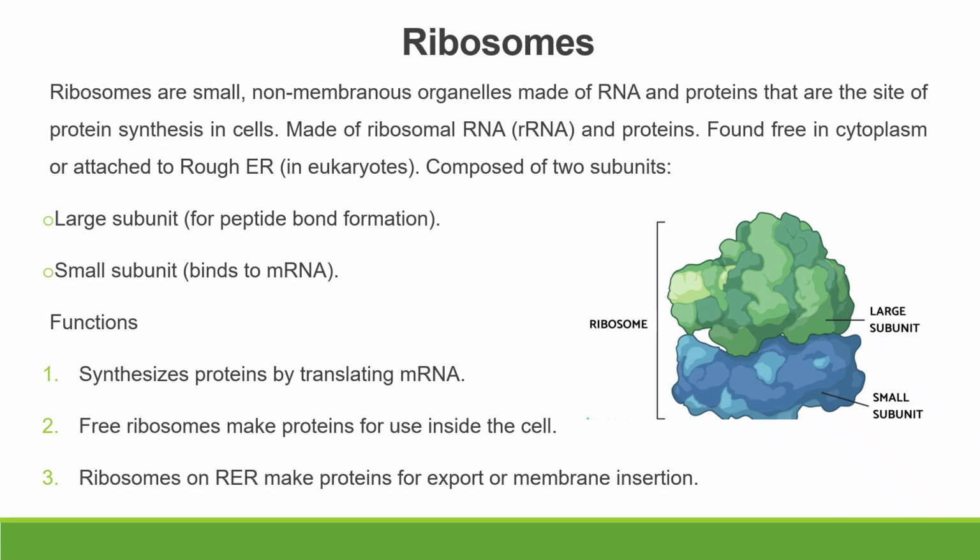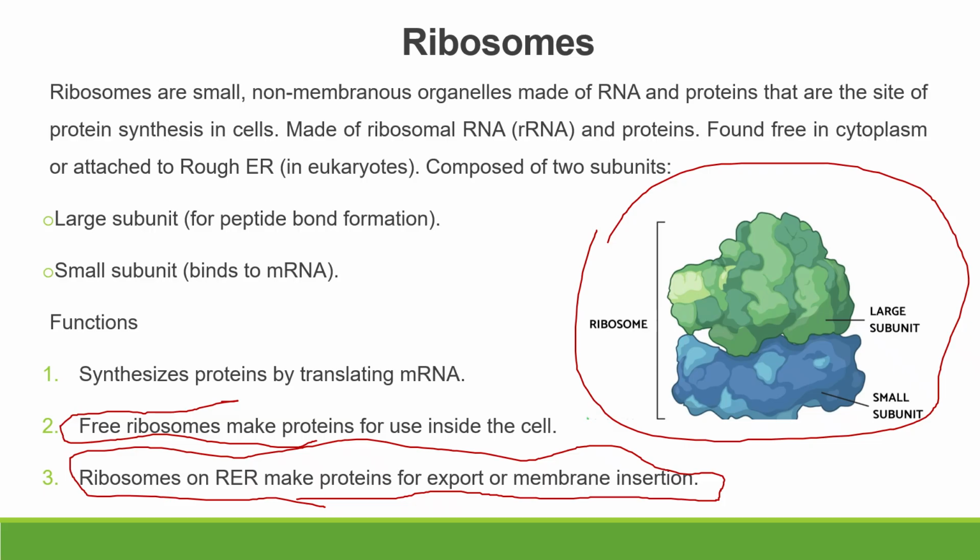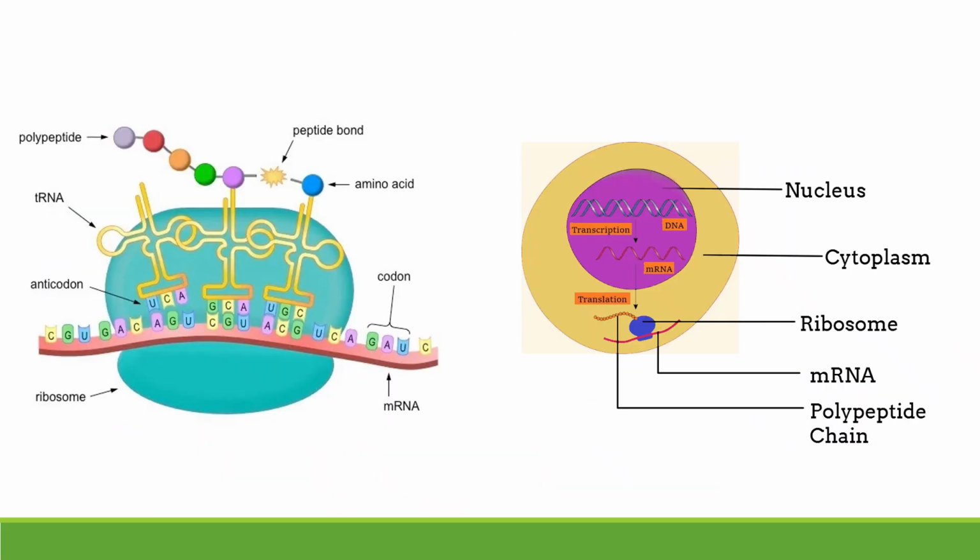The ribosomes on the rough endoplasmic reticulum make proteins for export or membrane insertion. So that is the major difference. Free ribosomes form proteins for cell use, and here you can see the structure of the ribosome.